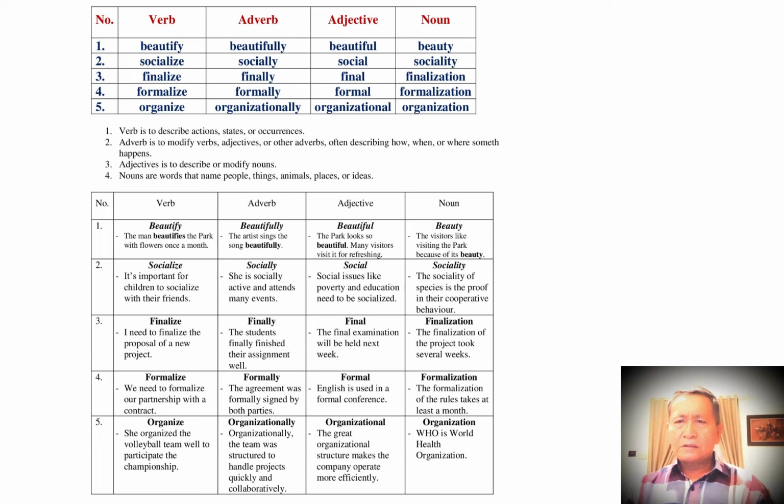The artist sings the song beautifully. Beautiful, adjective. The park looks so beautiful. Many visitors visit it for refreshing. Beauty is a noun. The visitors like visiting the park because of its beauty.